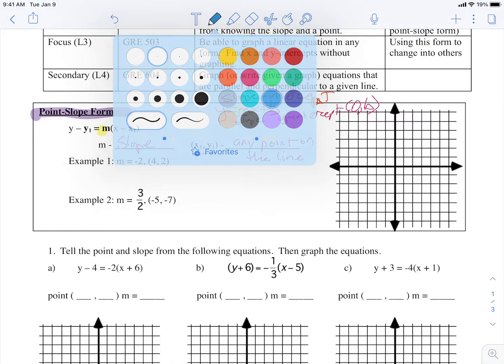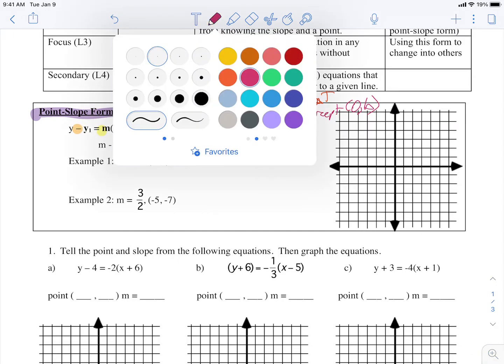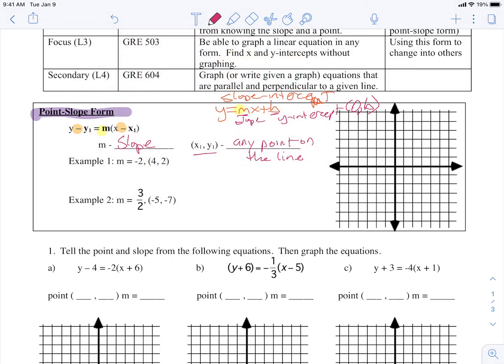So now our first job is to be able to write an equation in point-slope form. And the big thing, and again, in years past, sometimes kids would forget that it's minus x1 and minus y1, but you guys don't have to worry about that this year because you have the formula at your disposal. So m is equal to negative 2, and the point is (4, 2). This is my x1, this is my y1, and this is my m.